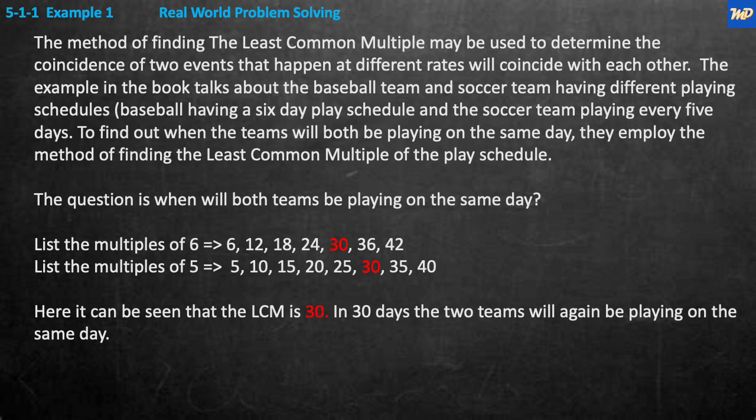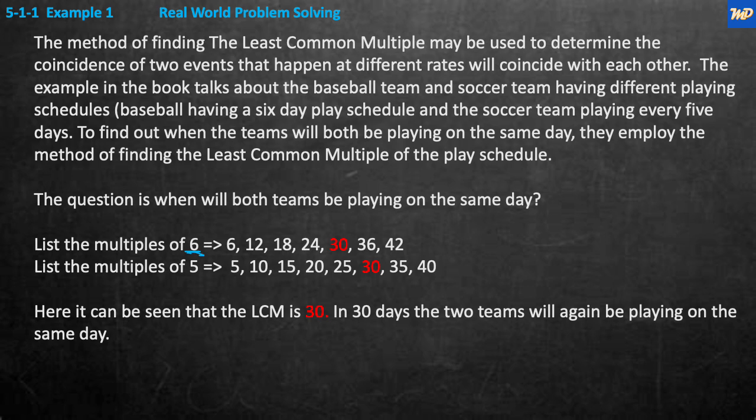So the question is, when will both teams be playing on the same day? If we list it out, the baseball team playing every 6 days has multiples 6, 12, 18, 24, 30, and so on. I think there's supposed to be a 36 there, it was probably missing. List the multiples of 5: 5, 10, 15, 20, 25, 30.